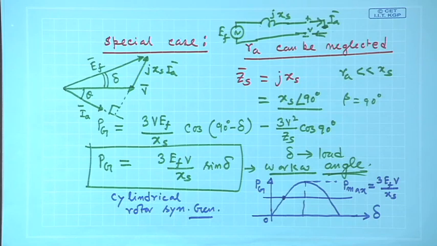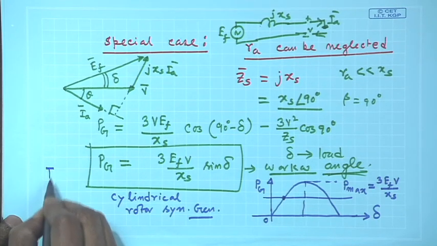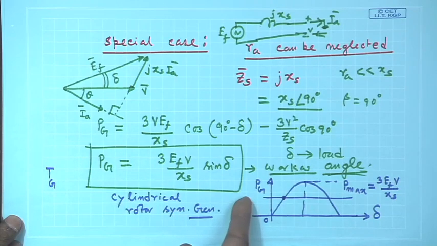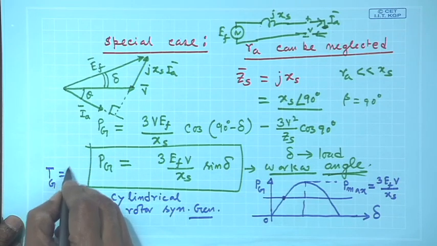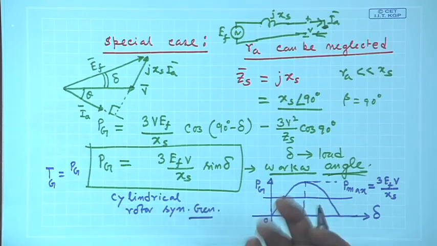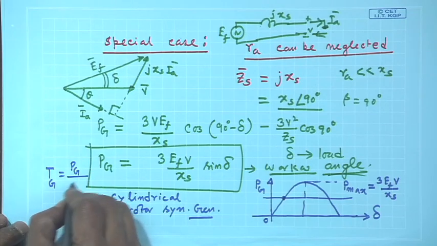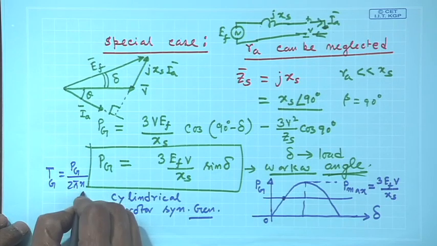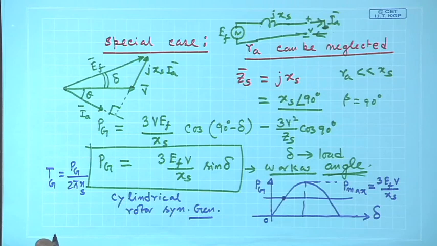So, the steady electromagnetic torque developed by the machine will be Pg, and this is the torque in synchronous watt, you can say straight away. But if you divide by 2 pi ns, where ns is in RPS, you will get the electromagnetic torque developed by the machine.